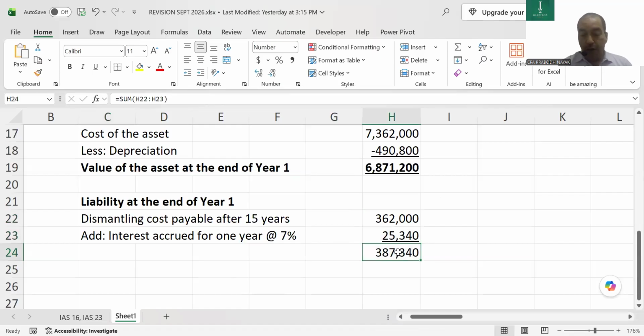Guys, always be observant, always be alert at the time of exam, because these are small things which you tend to forget, right? So they have asked you 3 things. One is the depreciation, one is the value of the asset at the end of the first year, and the third is the liability.